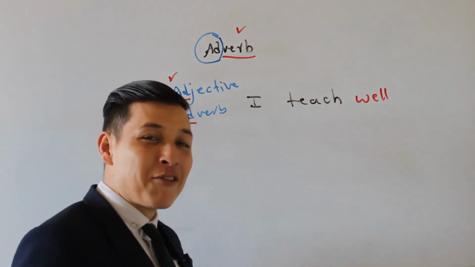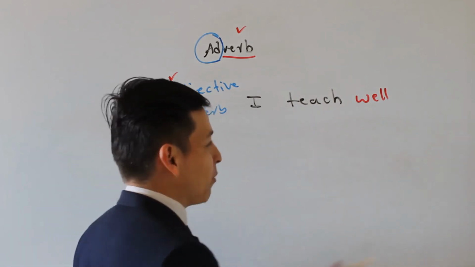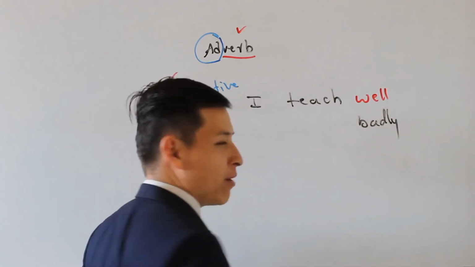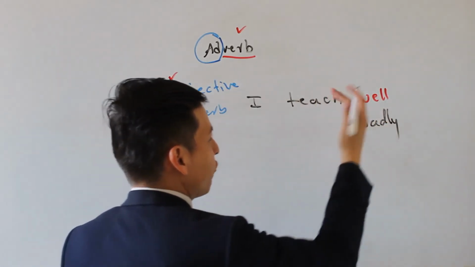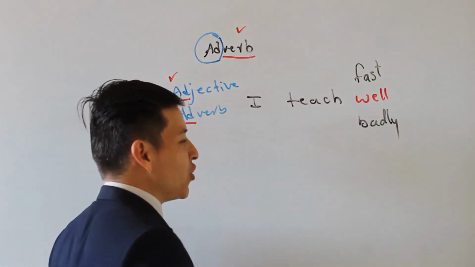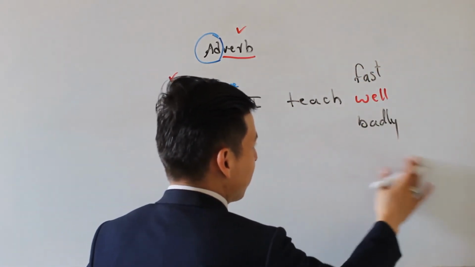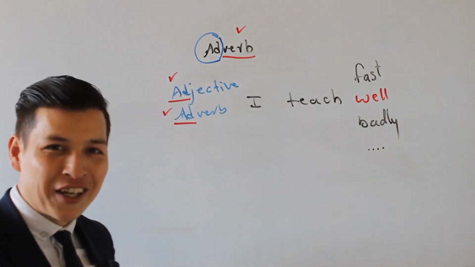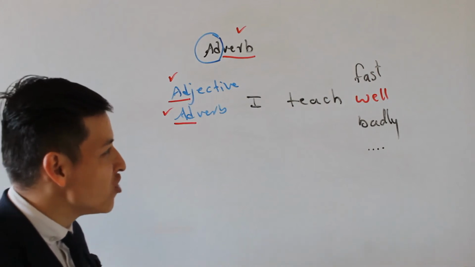You should just write your comment. Maybe some people will write that you are teaching badly. Some people may comment that you are teaching fast. Some people may comment that you are teaching very, for example, you should just fill the blank, okay? You can fill the blank with how the teaching is done.